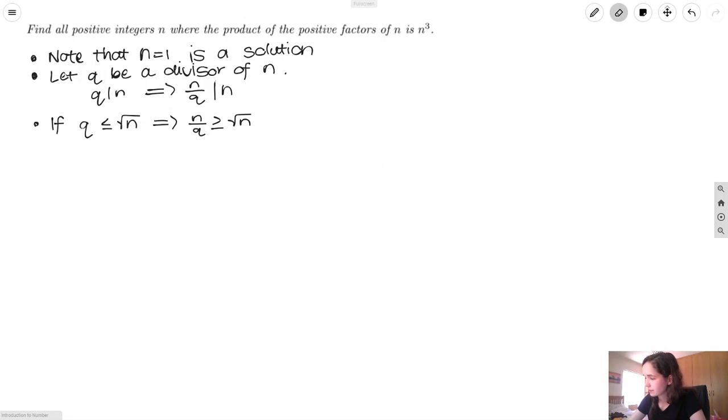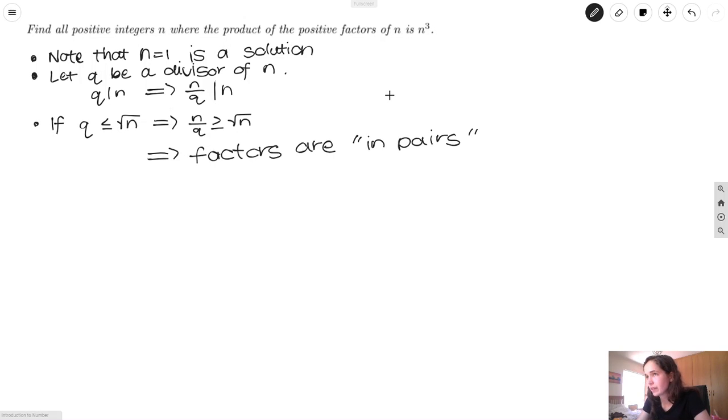Okay. Now we're going to look at the case if n is a perfect square. Well, quickly, from this, we can say that the factors are going to be in pairs. So from 12, when we looked at 12, 3 and 4 will be together, 2 and 6 will be together.